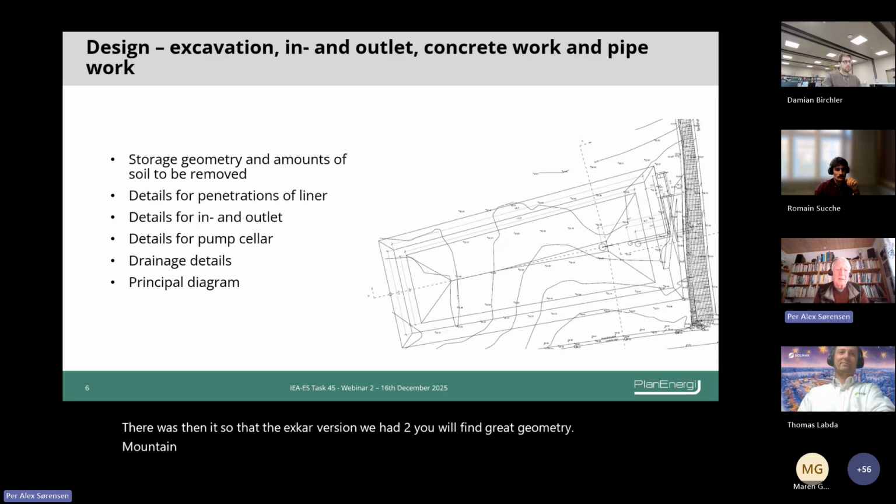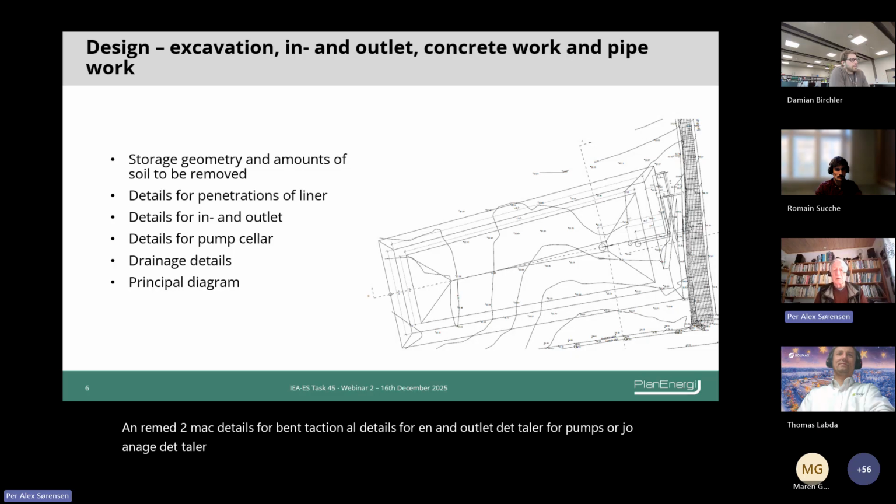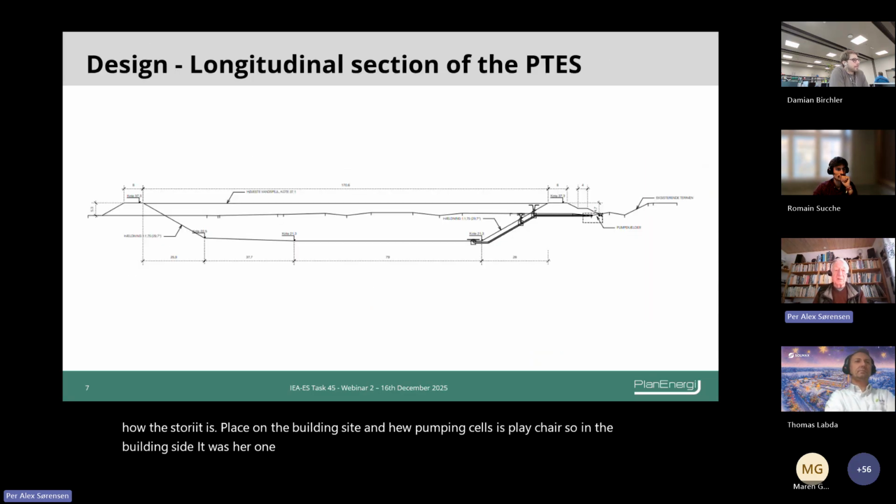And we had to make details for penetration of liner, details for in and outlet, details for pump cellar, drainage details, principal diagram. So what you can see in the drawing here is how the storage is placed on the building site and how the pumping cellar is also placed in the building site. So it's one of the illustrations in the design phase.